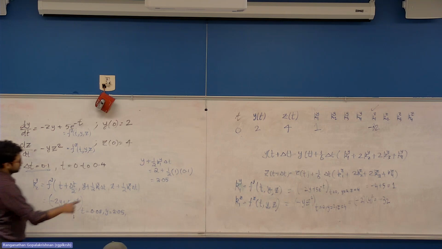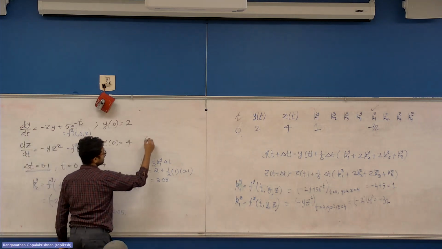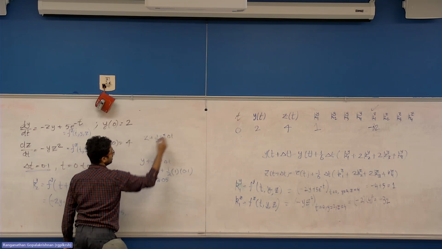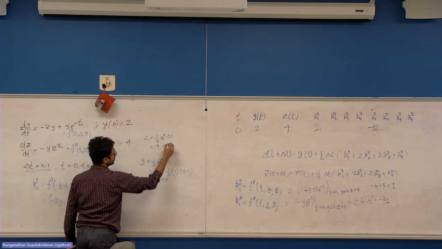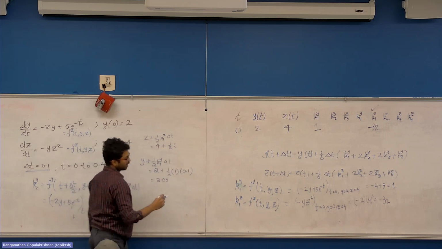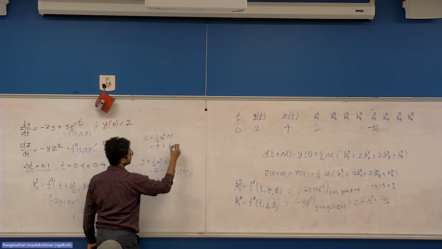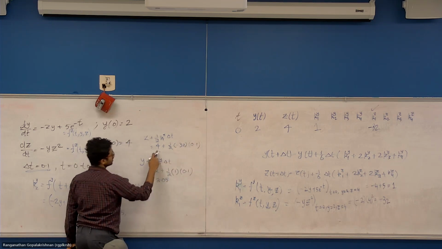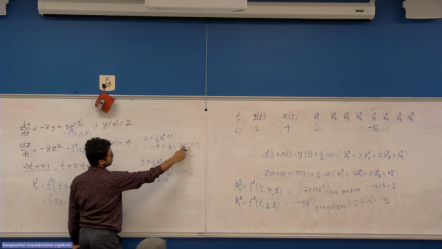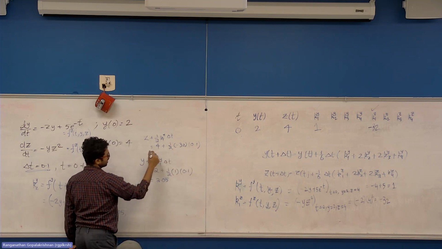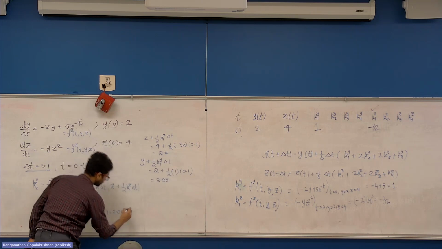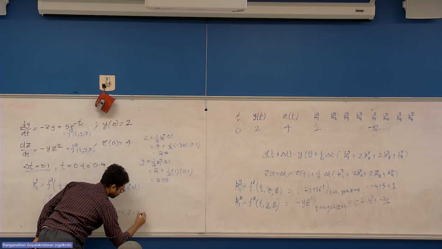And z, I need z plus half k1z times delta t, which is 4 plus half times what is k1z, minus 32, times delta t, which is 0.1. So this is minus 16 times 0.1, minus 1.6, 4 minus 1.6 is 2.4, or z equal to 2.4.